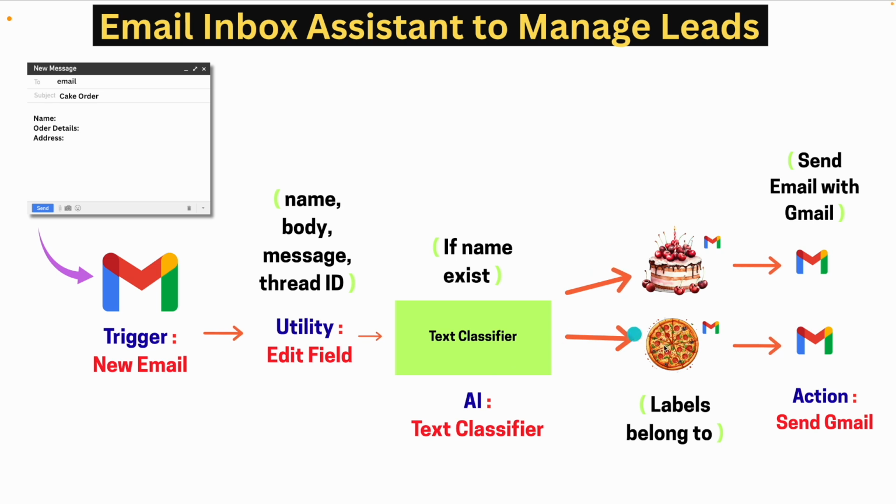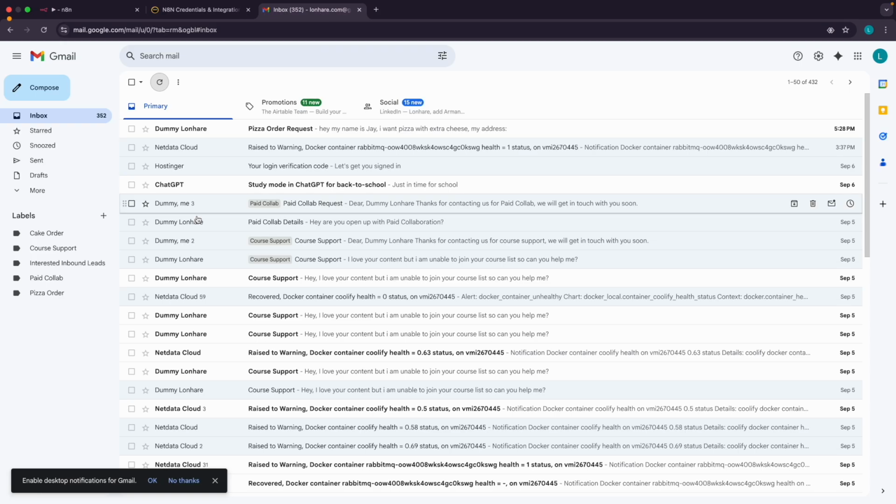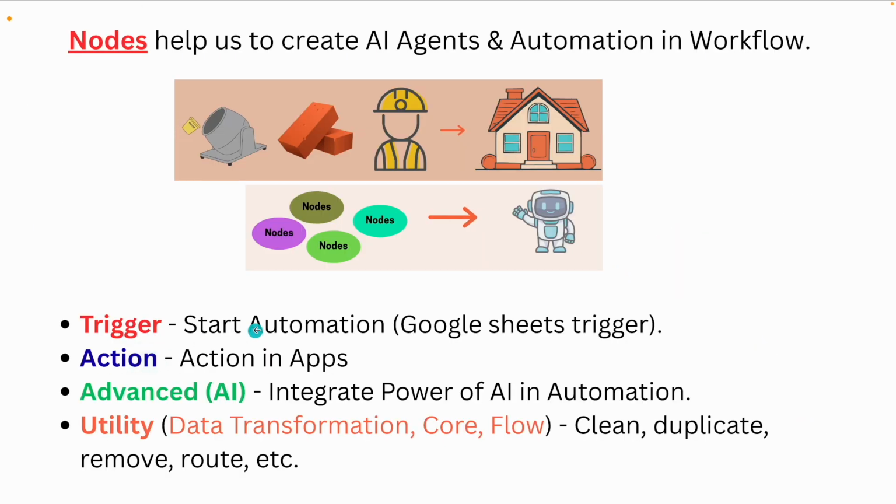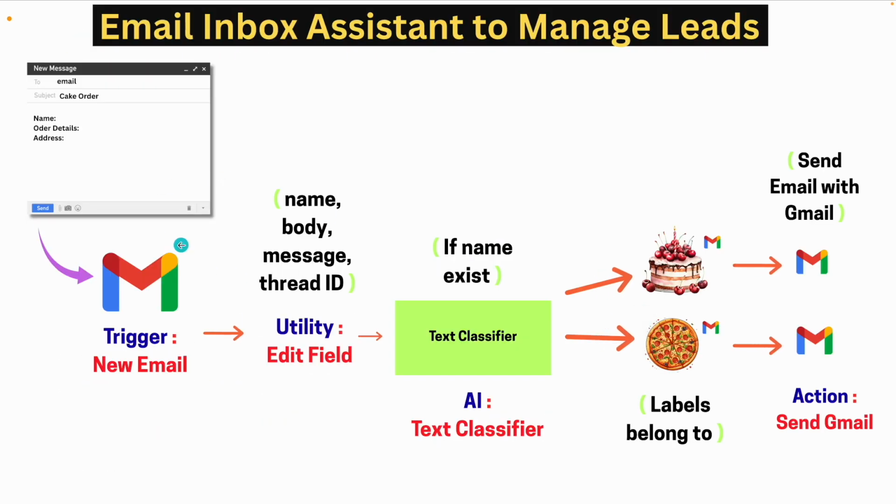Now let's say if the order is related to pizza, I want that order to go to the pizza order. That is what we are going to do. But this is something we have done for the AI. Now we have used it in our automation practically in front of you.